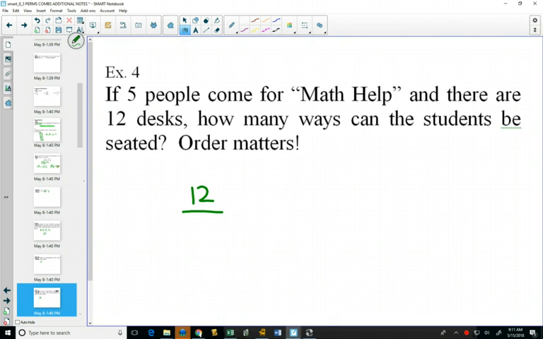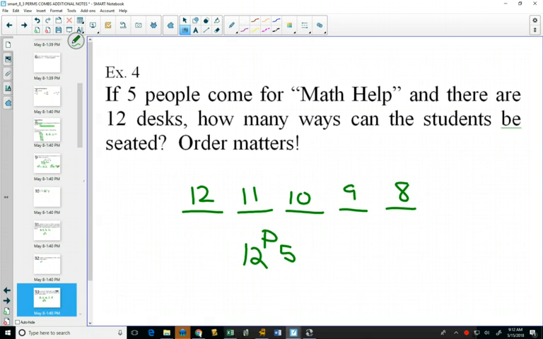The second person walks in, they also have to make a decision where they're going to sit, and they look around, and there are 11 desks left, because we don't want to put 12 in there because it would be pretty awkward if you sat on someone's lap during math help. So there's 11 desks left. And then third person, then 10, then 9, then 8. So this could be represented by 12P5.